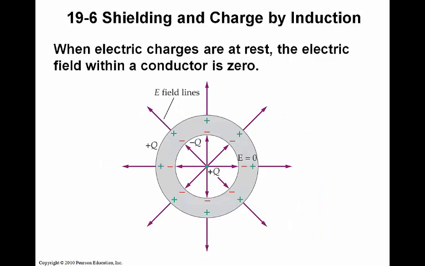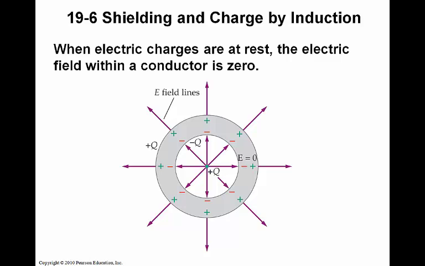But what if you have a conductive ring, or a sphere that's hollow? Remember that the charge only builds up on the surface of the conductor. So in this case, you have a charge inside the conductor, and you have the field lines coming away from positive Q, radiating out.